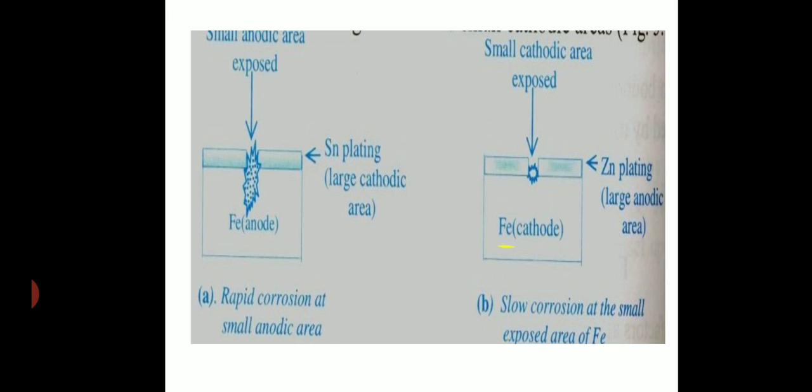Because the cathodic area will be small and the anodic area will be large, so there will not be as much corrosion. If any one among Fe and zinc will undergo corrosion, that will be zinc. In this manner, the ratio of anodic and cathodic area will affect the rate of corrosion. I hope it is clear.